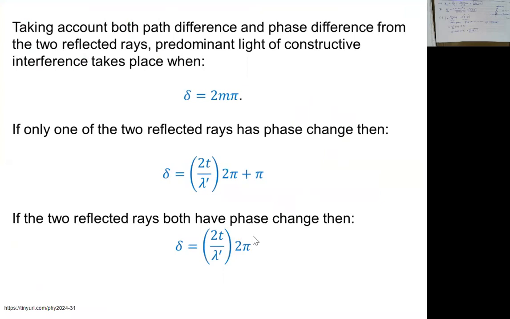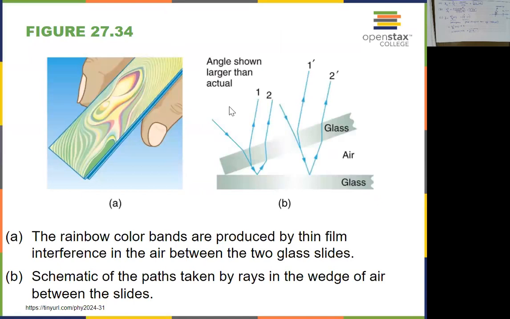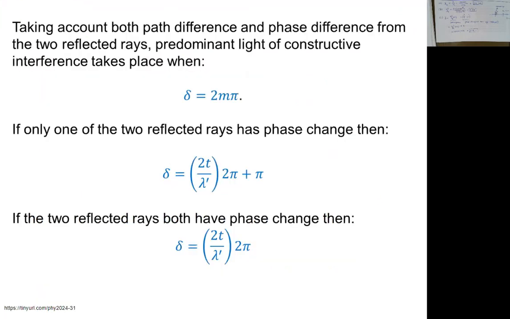So you just set this equal to 2m pi, depending on what you have, and then you can get the condition for constructive interference there.